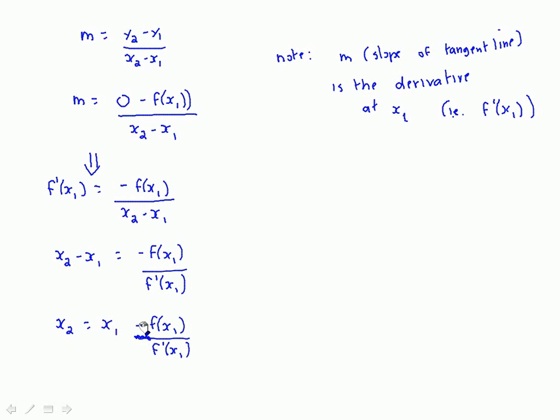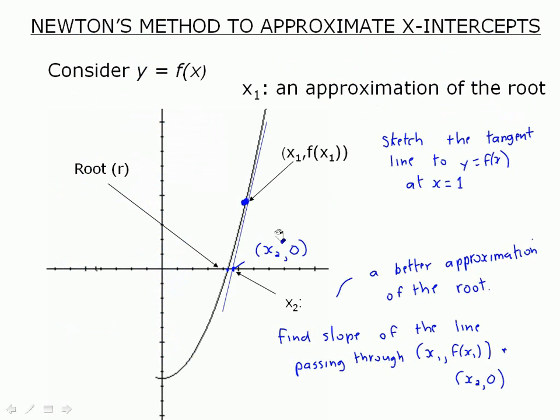Don't need that whole division symbol. So what we end up getting is a better approximation of the root. Now the thing of it is, if we go back to the graph, it may not actually be as close as a perfect approximation. So even here, it is actually a little bit off.